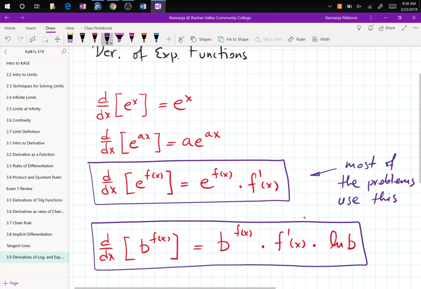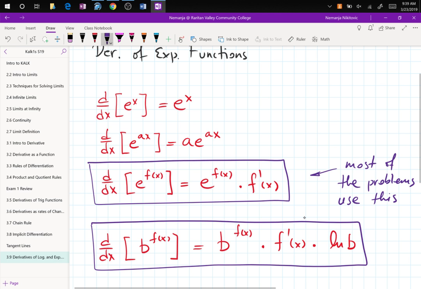The one on the bottom is the boss of all equations, but the one in the middle, the one with e to the f of x, is the one that you will be using in 98% of the cases. Electrical engineering, mechanical courses, some stuff in chemistry, and physics, obviously. They all use that particular formula.